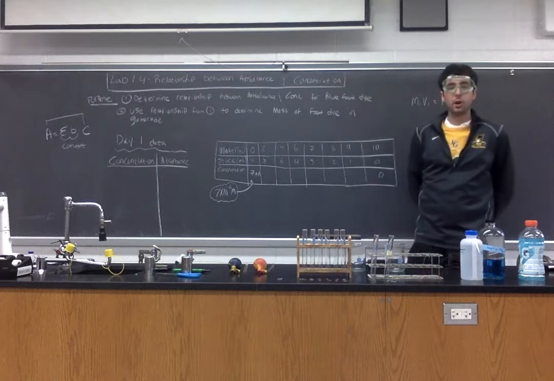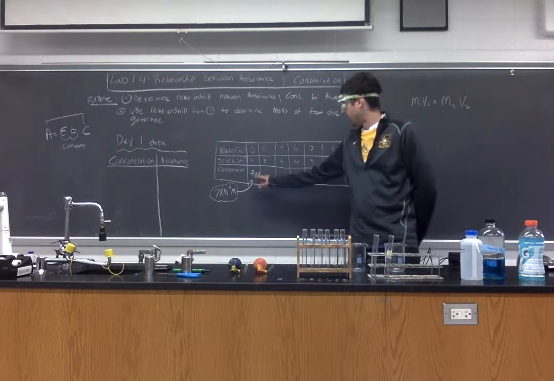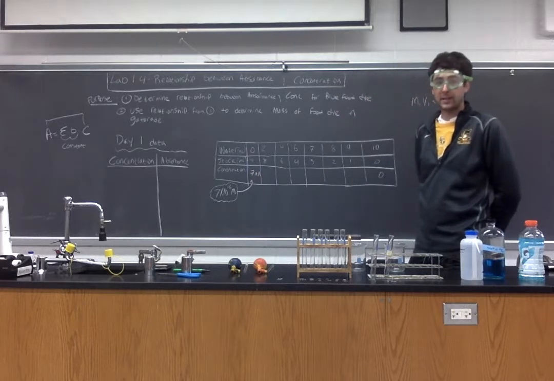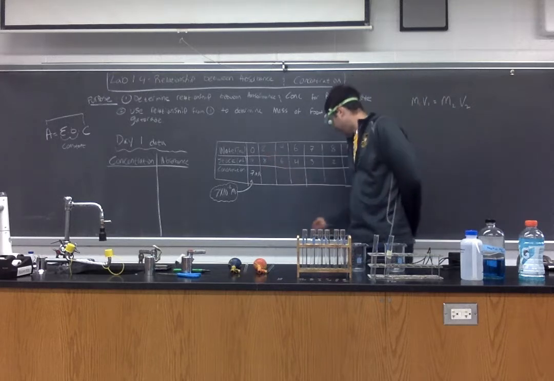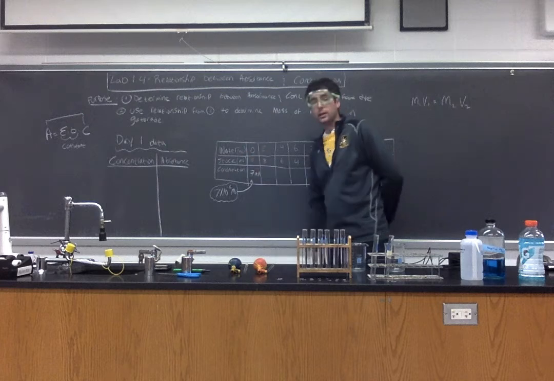If we have 0 milliliters of water and 10 milliliters of stock, our concentration will be that of the stock solution. It will be identical because we have yet to dilute it. Now, in our second example, it tells us to use 8 milliliters of stock and 2 milliliters of water.